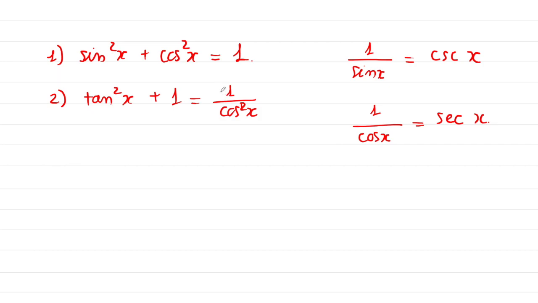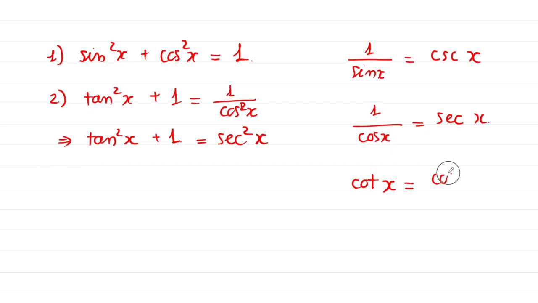So 1 over cos square x I can rewrite as sec square x. So the other form of the second formula is tan square x plus 1 equal to sec square x. Okay, and the last one is cotan x.